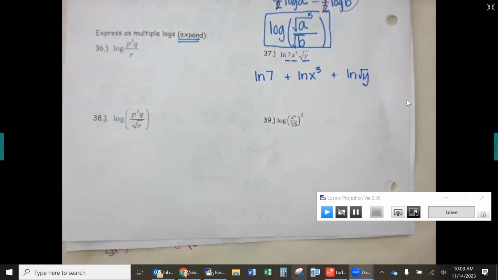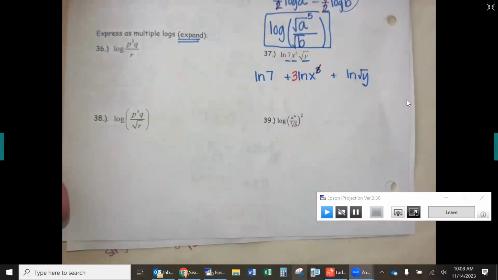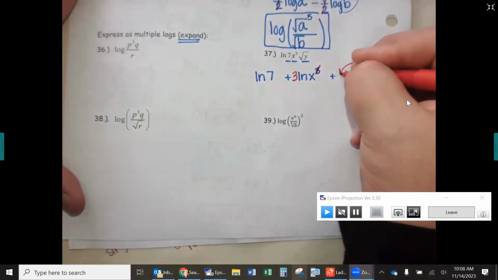So step 1, you're going to take each of your guys, separate them into their own logs. Then step 2, any exponents up top need to drop down where? To the front. Okay, and remember, when we say to the front, we just mean to the front of that log, right? So I'm going to take my 3 from here, drop it down to the front. For my square root, what can I turn that into first? A half, and then drop it down to the front.